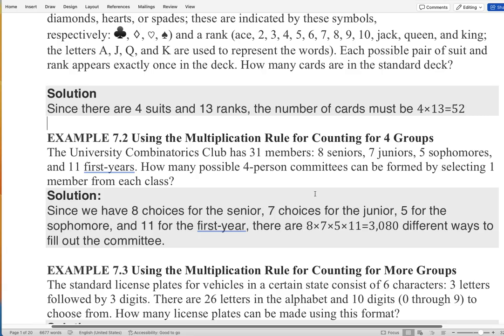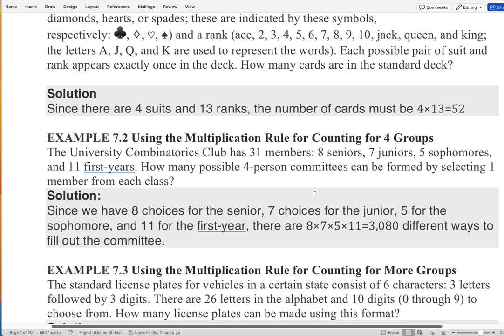It's still about the multiplication principle. And we look at the composition of a university club. It has 31 members. There are 8 seniors, 7 juniors, 5 sophomores, and 11 freshmen.